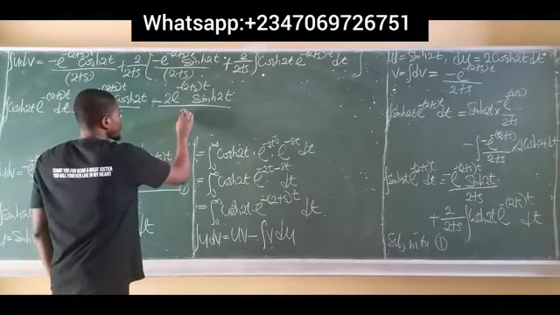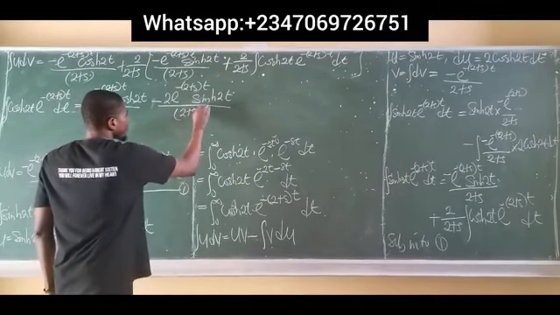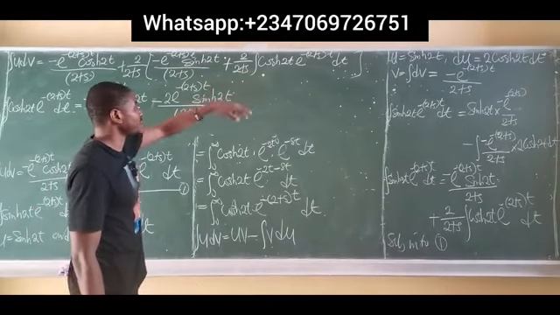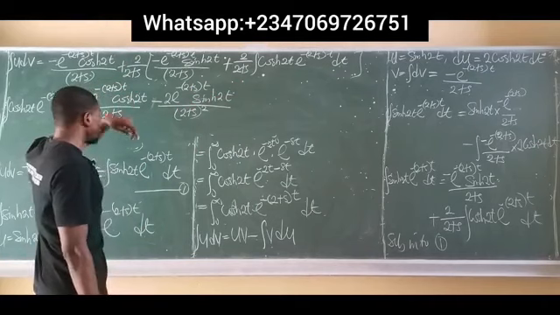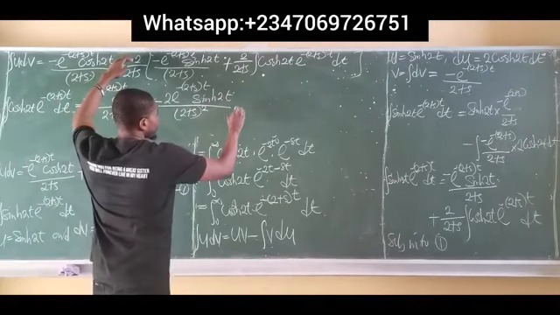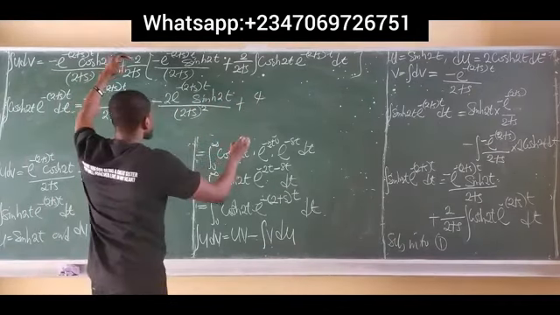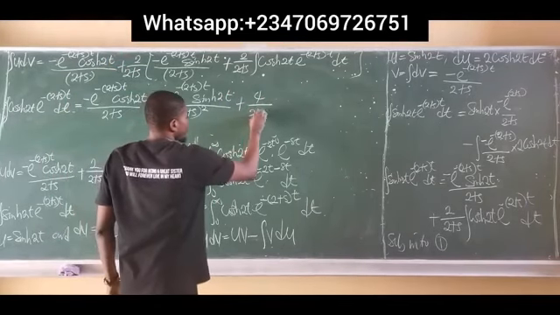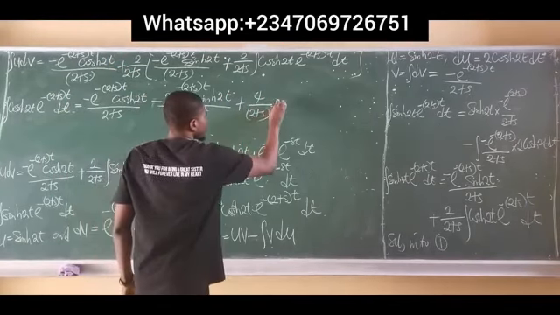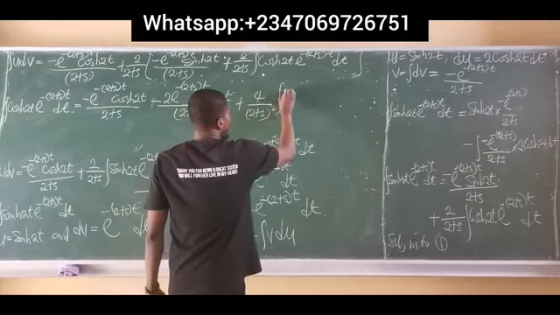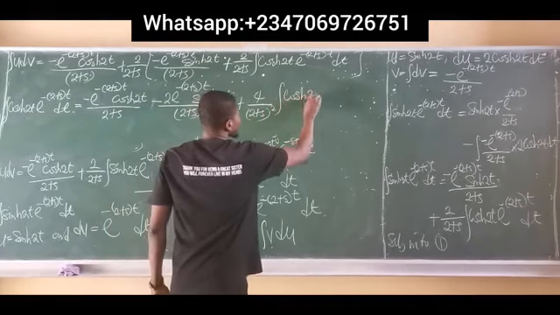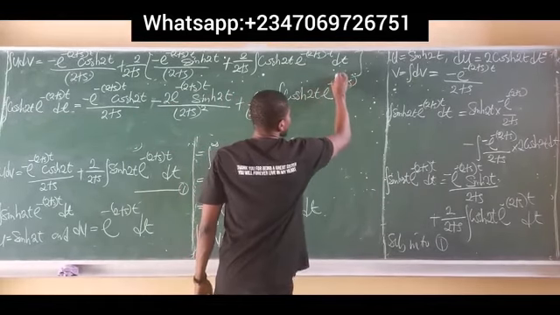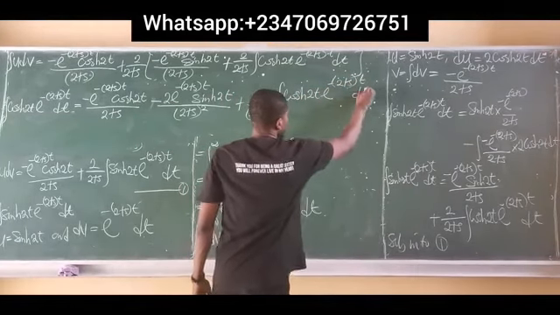I'm going to have (2 plus s) all squared. Same thing now, expand this other integral with 2 over 2 plus s. So 2 times 2 gives us plus 4, and 2 plus s times 2 plus s here gives us all over (2 plus s) all squared, times the integral of cos 2t e to the power of minus (2 plus s)t times dt.